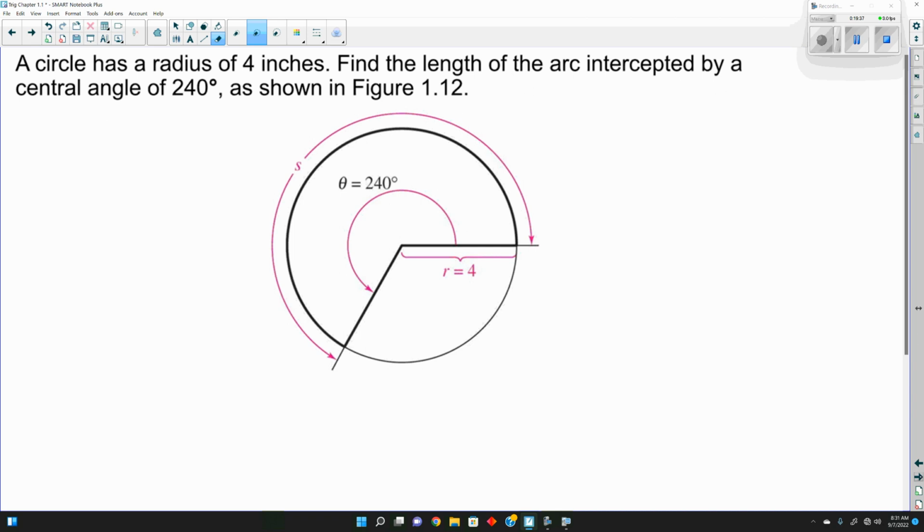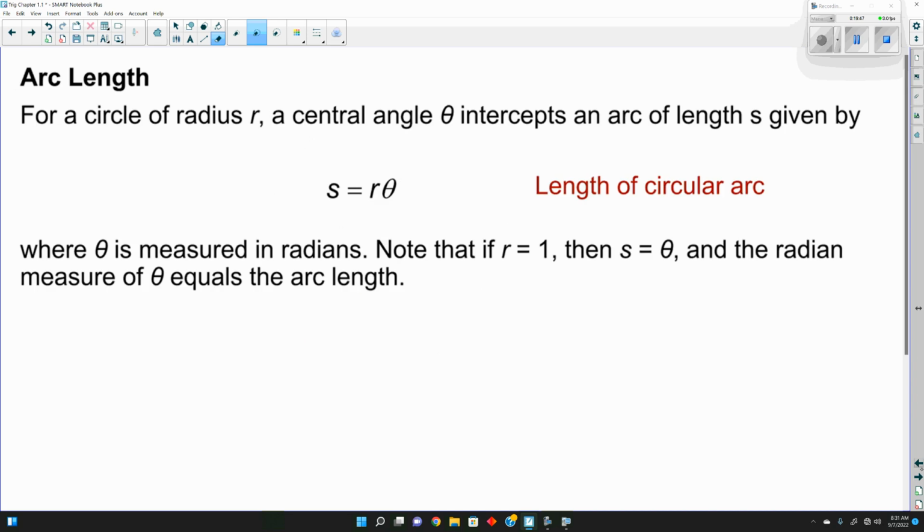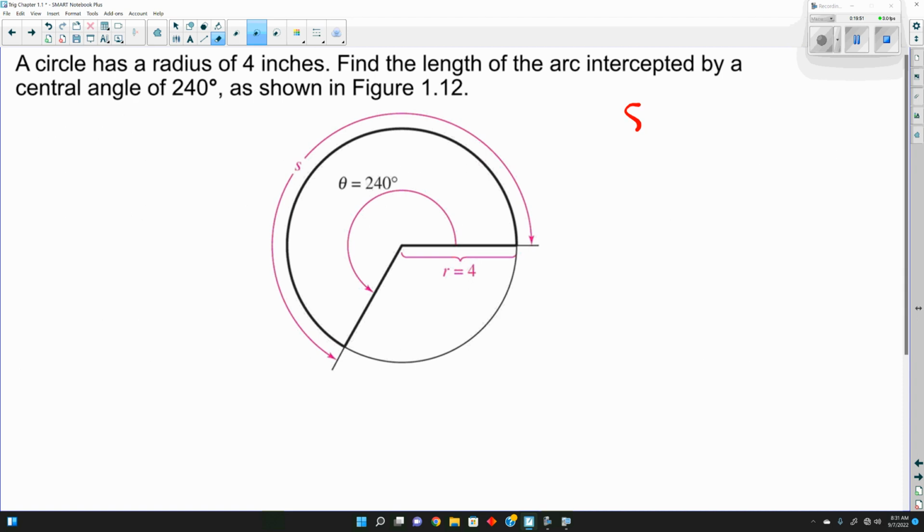Now, we can find the arc length from this given equation, and we can calculate this out. Because again, to find the arc length s, we're really using this formula: s is equal to r times theta, where theta is in radians.